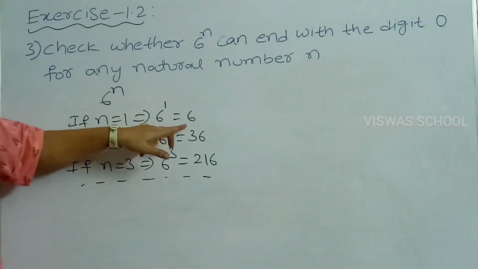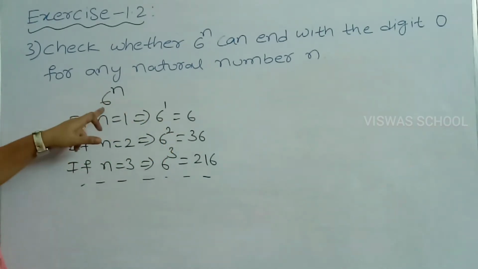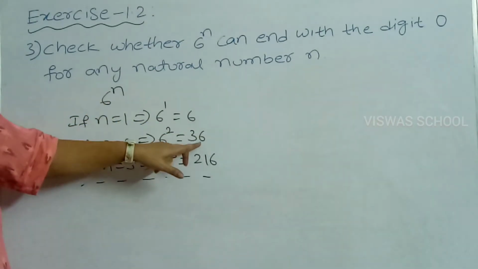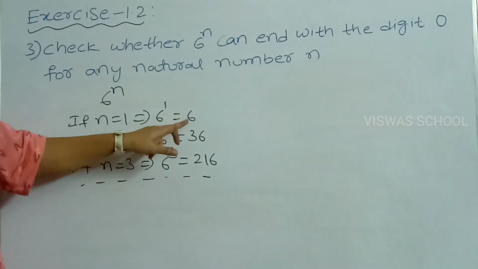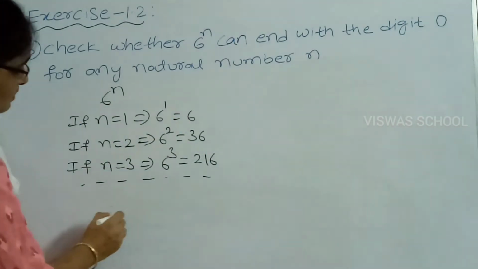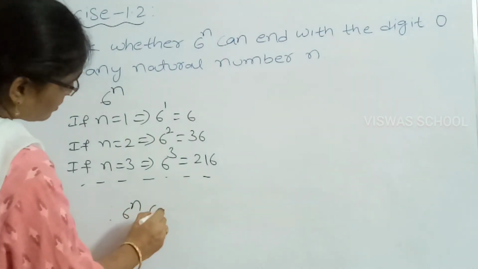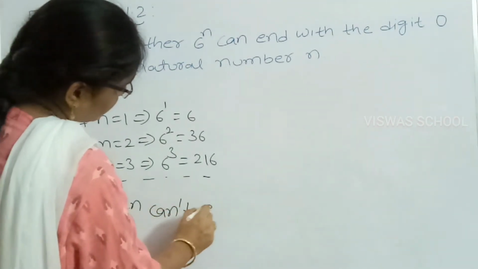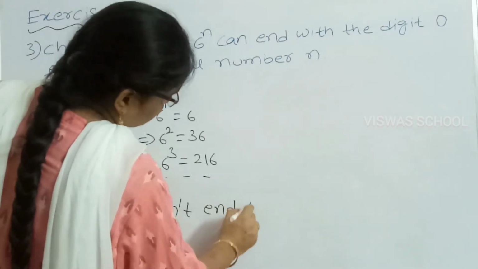If you observe these, this 6 power n cannot end with the digit 0. Always it ends with only 6. Therefore, 6 power n cannot end with the digit 0.